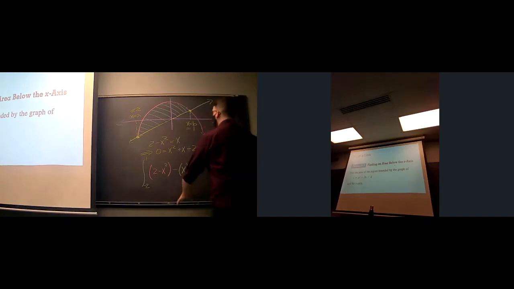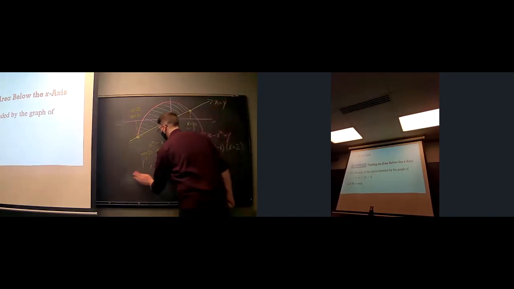Okay, here's another problem. This one's not quite as clear, I don't think, as the last one. This problem's saying we've got x squared minus 3x minus 4. First question to ask, can we factor this out?